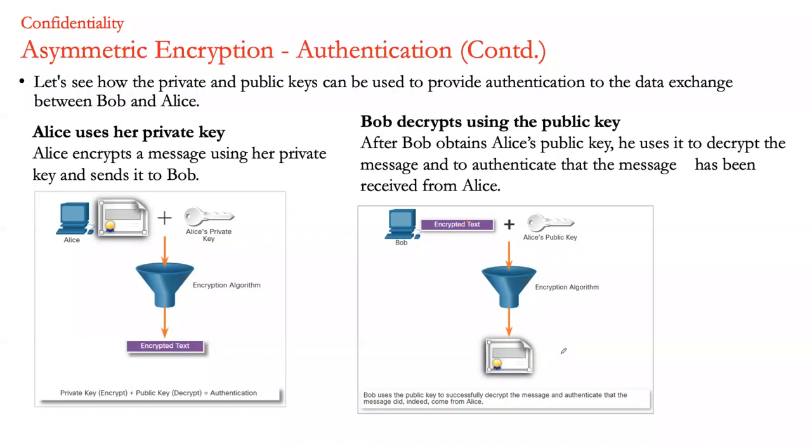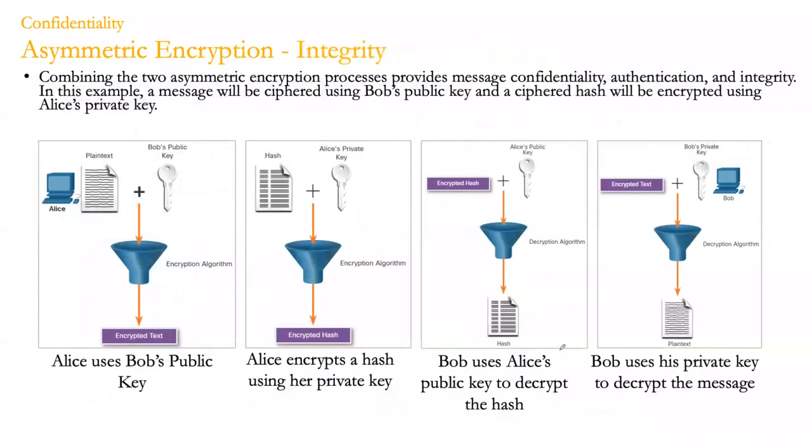Okay. So here, the asymmetric key integrity. How confidentiality and integrity will be done? If you combine two asymmetric encryption processes, that provides message confidentiality, authentication and integrity. How? Alice has a plain text and uses Bob's public key, so encrypted text will be there.